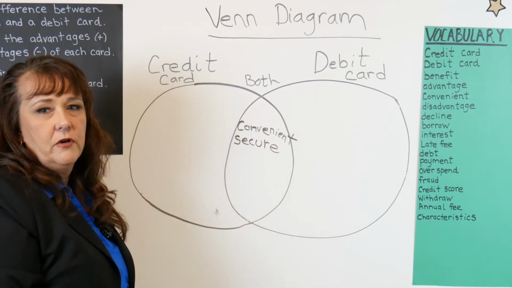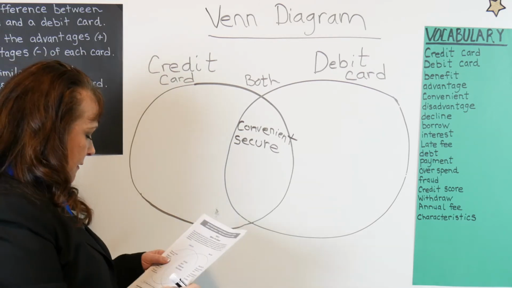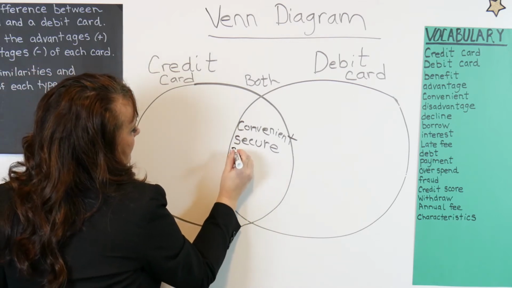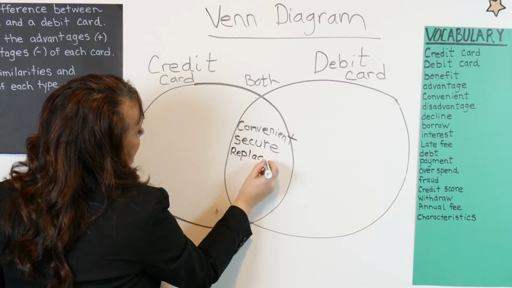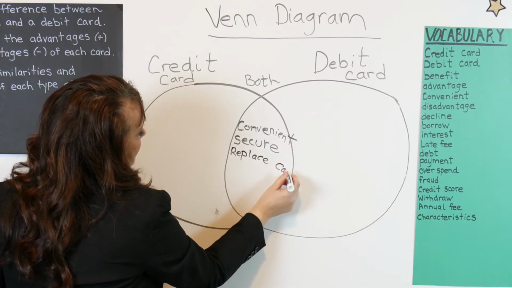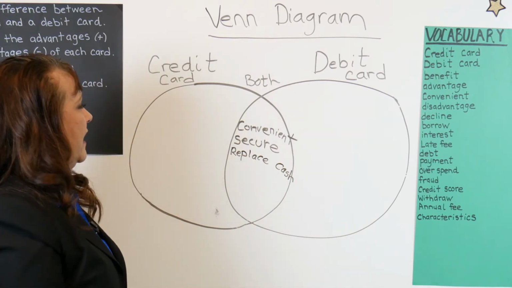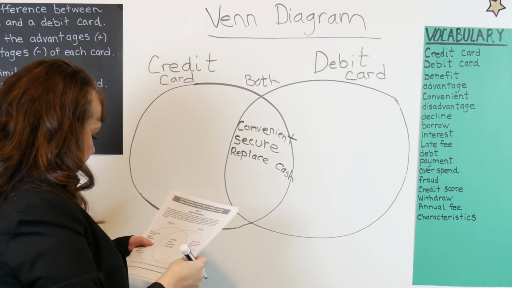If you lose your card, you can cancel it, and you won't lose any money. Both a credit card and a debit card replace cash, like what I said. You don't have to carry a lot of cash around because you can use the debit card or the credit card.